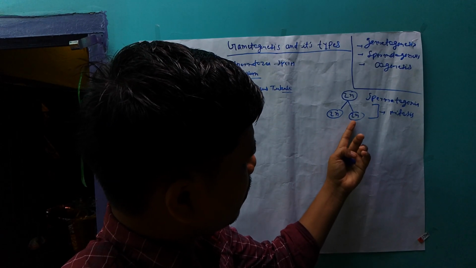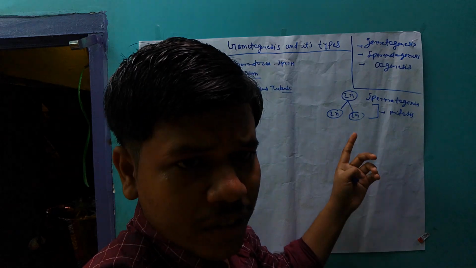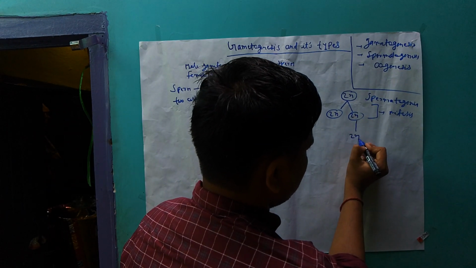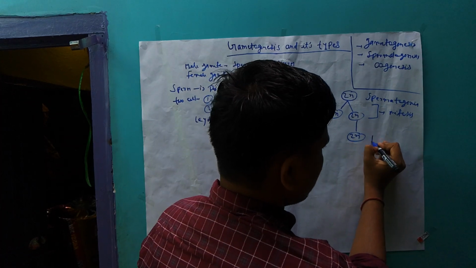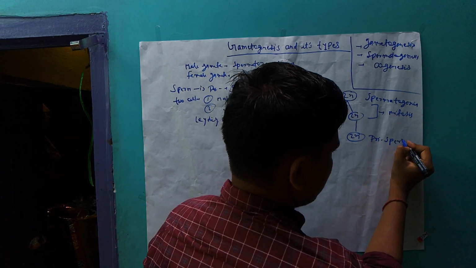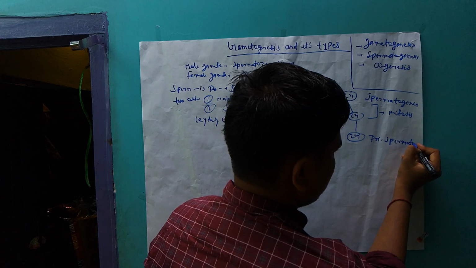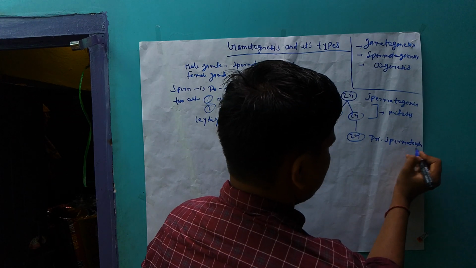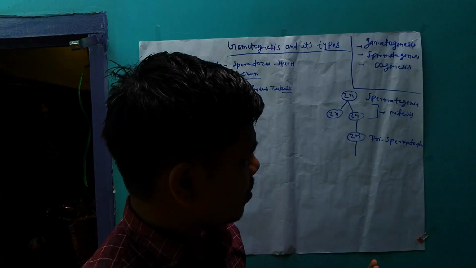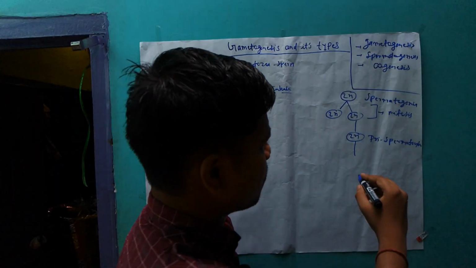Both the diploid cells undergo division, and these are called primary spermatocytes. These primary spermatocytes also undergo division, which is called meiosis first.